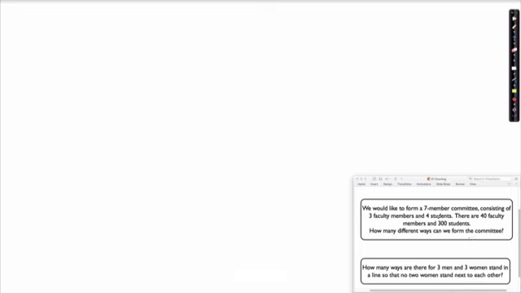Now in this case, we are only interested in forming the committee. So suppose that there are 3 seats for faculty members, and then there are 4 seats for students. So we can think of this in terms of how do we select 3 people to occupy these chairs.